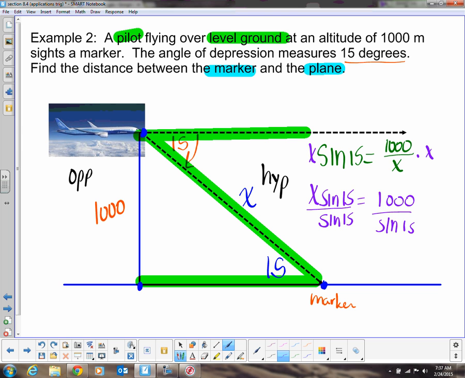Anybody have this? $3,863 meters. He must have really good eyesight. Or maybe that marker is really, really big. Okay, was that hard? It's all about drawing the picture.